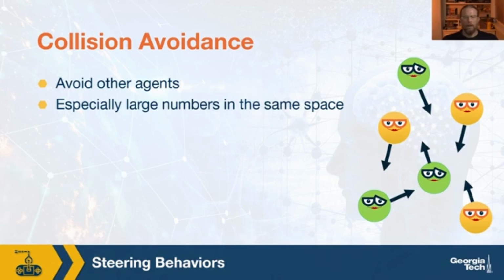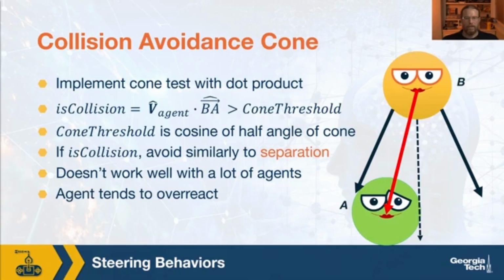We also might want our agent to perform collision avoidance steering behavior. So this would be to avoid other agents, especially large numbers of agents moving around in the same space. So we could do so by creating a collision avoidance cone. It's actually a triangular wedge in front of the agent. And we're performing this test with a dot product.